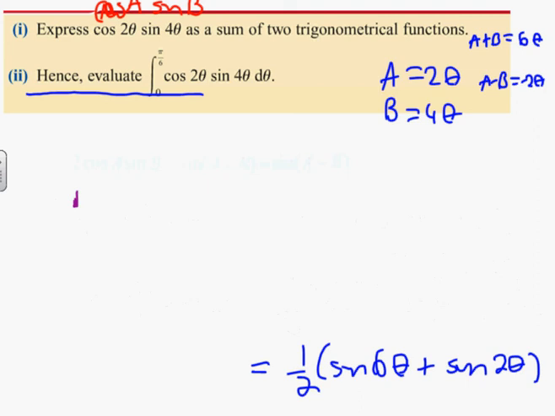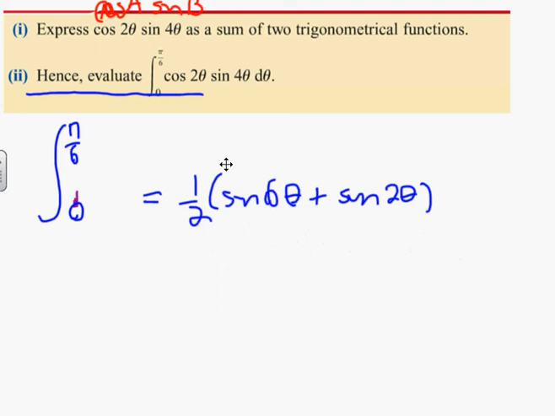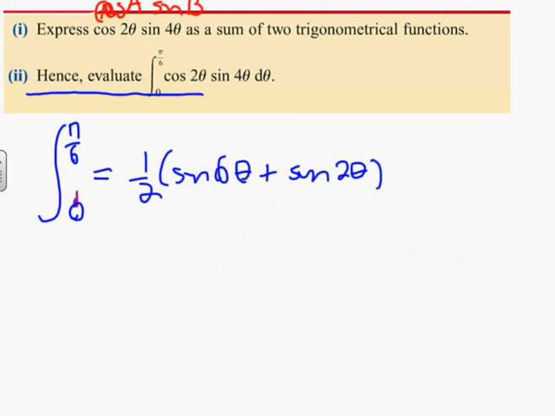Now, once I've done that, what I'm asked to do next is hence evaluate this. The limits pi over 6 and 0 are going to stay the same, and I'm just going to substitute this in here, instead of the cos 2 theta sine 4 theta. What you're allowed to do with integrals is, for the integral of 5x squared, technically I'm allowed to bring the 5 outside.